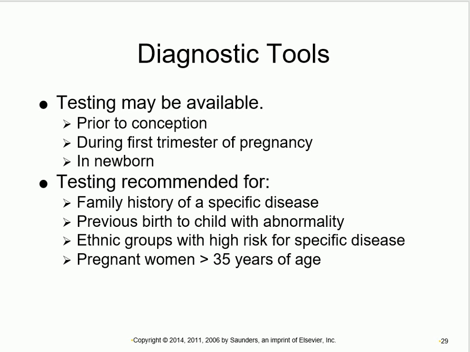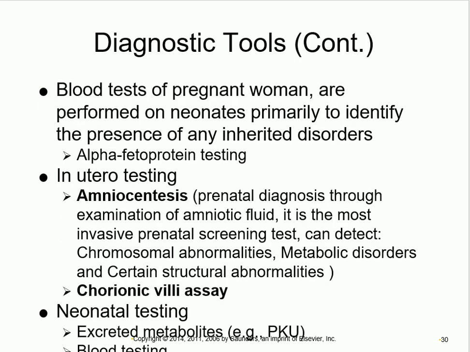Okay. So there are a lot of tests available, but for pregnant ladies above 35 it is most important, and you have to do the screening. Blood test, we talked about this. In utero, we talked about amniocentesis and chorionic villi sampling, and I mentioned that amniocentesis is for prenatal diagnosis, and you get a sample of the amniotic fluid, and this is the most invasive.